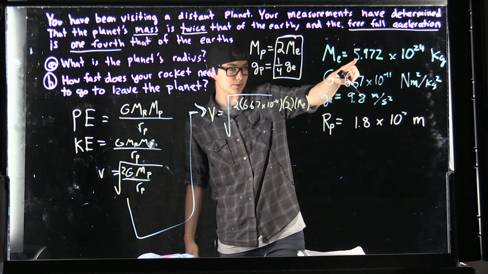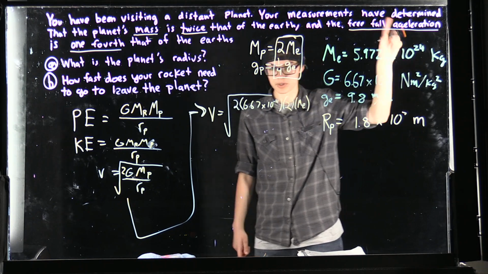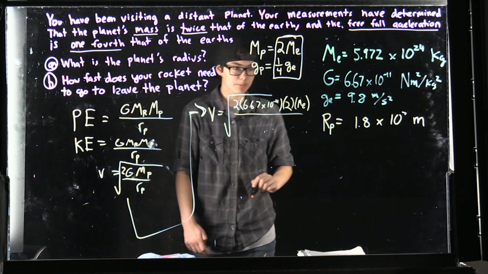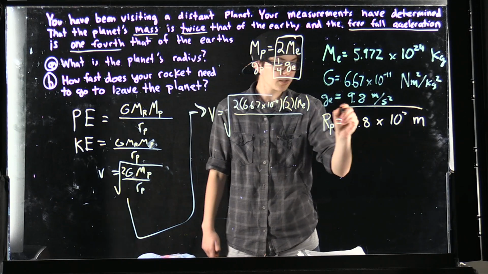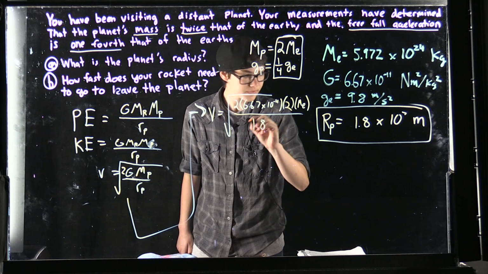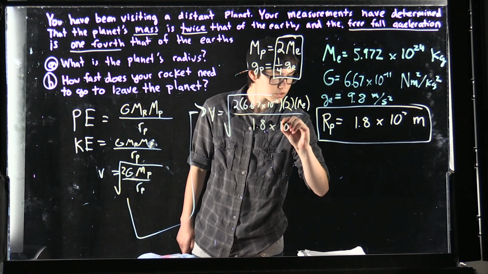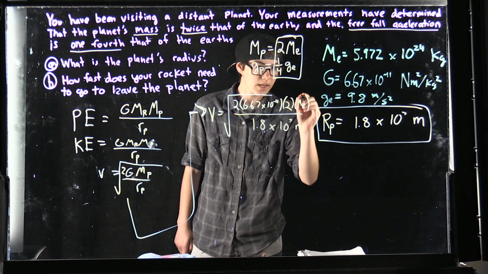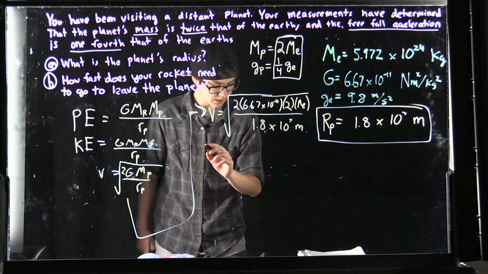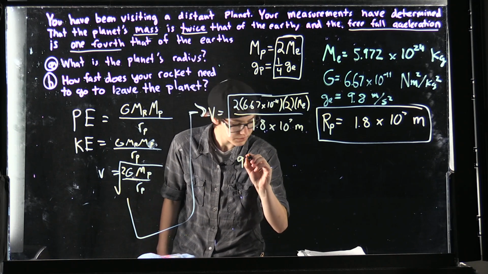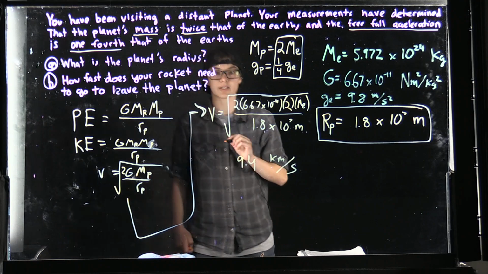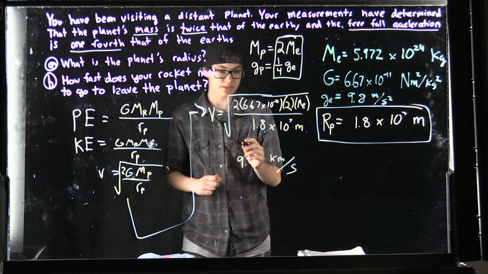We know that the mass of the Earth is 5.972 times 10 to the 24th, divided by the radius of our planet, which we determined in part A, 1.8 times 10 to the 7th meters. We can plug this into our calculator, and we get the answer. We need to be going 9.4 kilometers per second to leave the planet. That is our final answer.